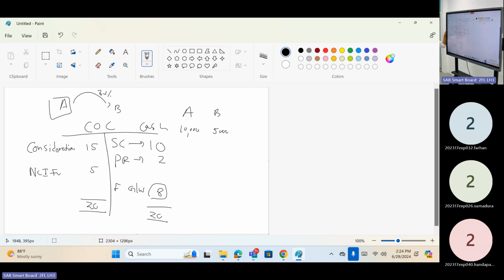In the consolidated accounts, what is the balance, 15,000 or 14,000? What is the asset balance we have to disclose?